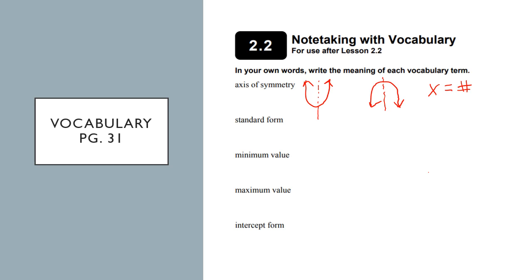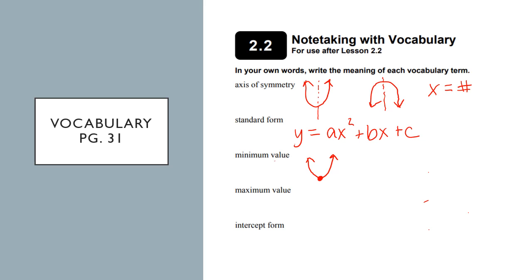Standard form of a parabola looks like this. So it would be y equals, or f of x equals, ax squared plus bx plus c. Okay, and then minimum value. So if we have a parabola that's facing up, then obviously it's going to have a minimum. And the minimum is going to be whatever that vertex is.